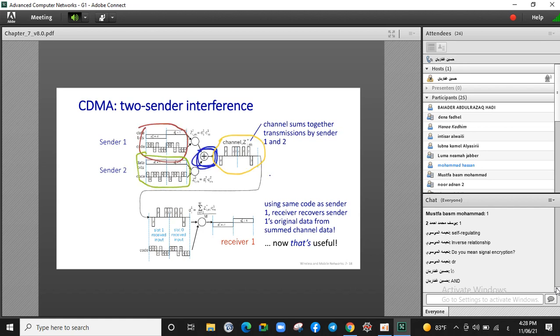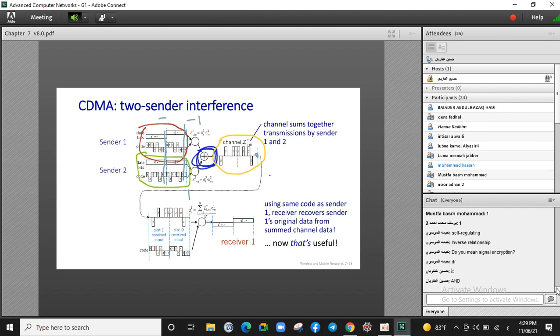How did I calculate this one? For example, here, 1 minus 1, 1 minus 1. For example, this one, I'm calculating just for the first bit, okay? This bit here. 1 plus minus 1 is minus 1. Here, 1 plus 1 is 1. 1 plus minus 1 is 0. And here you can see the result is 0. Look at this bit here.